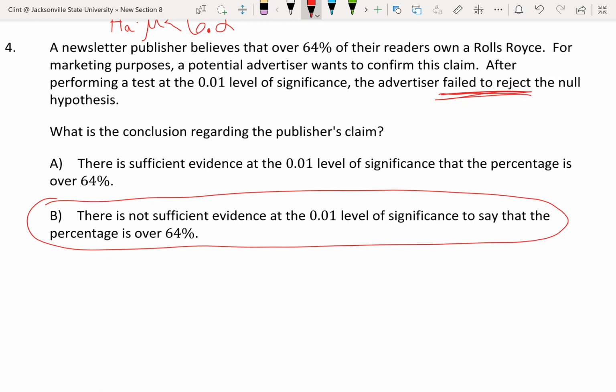I won't try to do anything tricky in there. If you see fail to reject, that means there's not enough evidence. If you see rejected, that means there was enough evidence. Questions on that one? Okay.